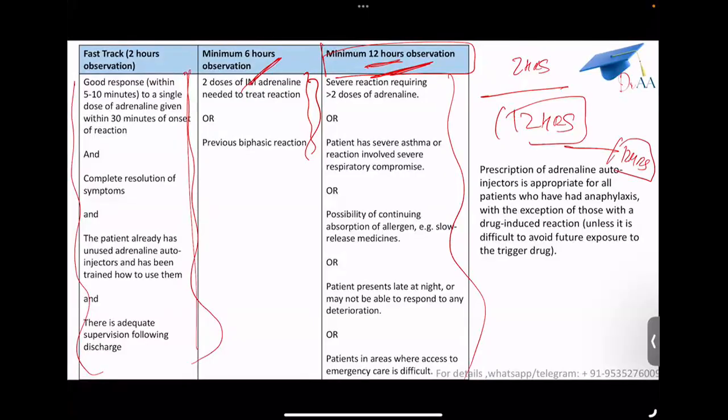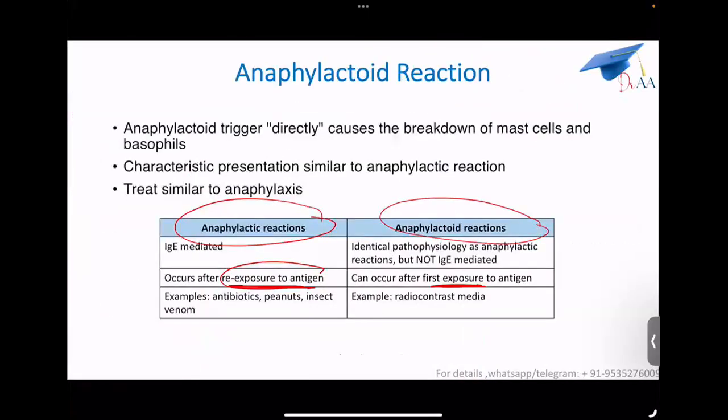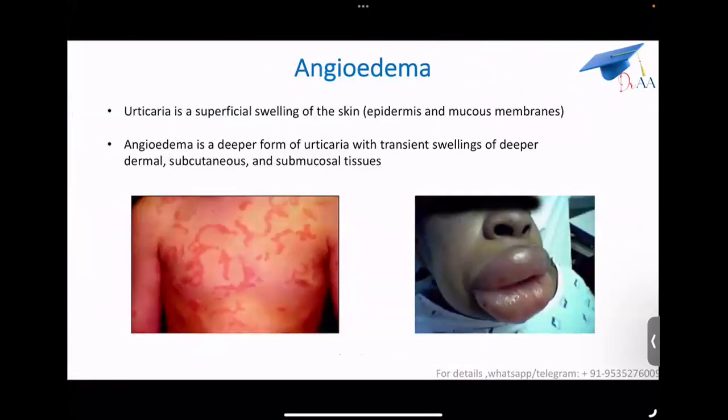Okay, thank you. Is refractory anaphylaxis and biphasic anaphylaxis the same? Treatment is the same. There's no change. Biphasic or anaphylactoid or anaphylactic, all the treatments are the same for all three conditions. Same algorithm we are following, there is no change.